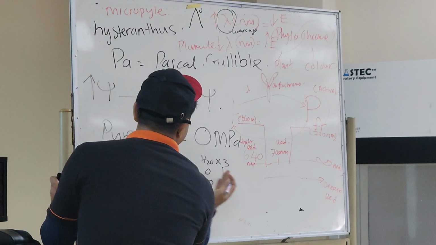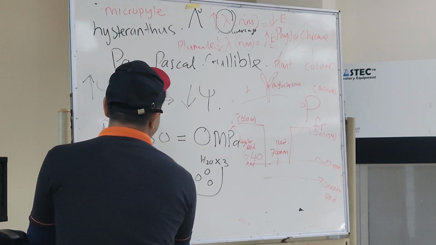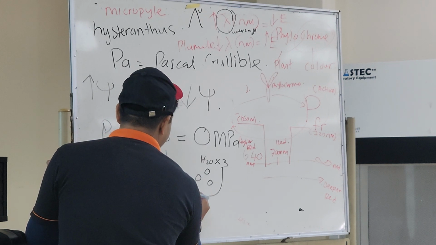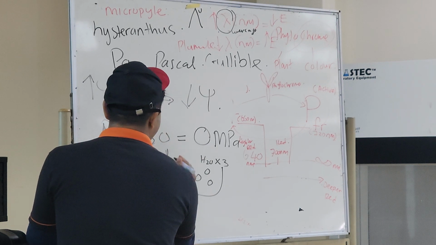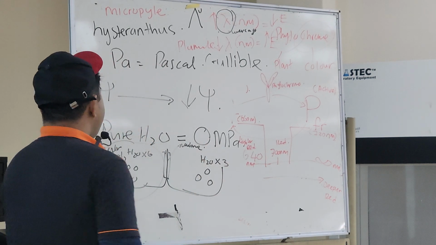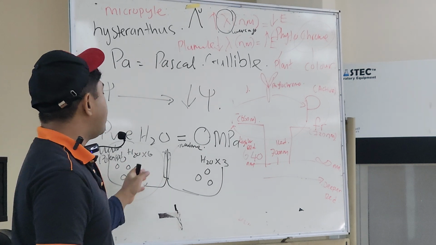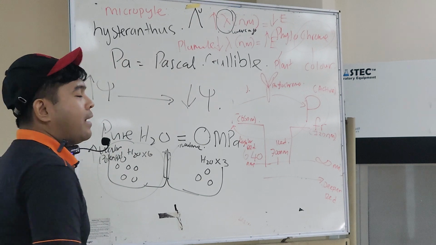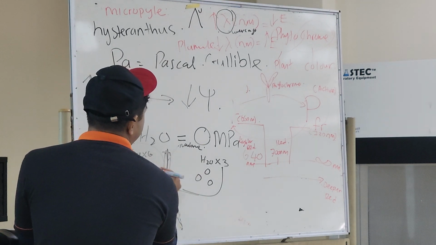When you bring these closer together, and there's a semi-permeable membrane, which direction is the water going to travel? Left to right or right to left? From the left to the right.